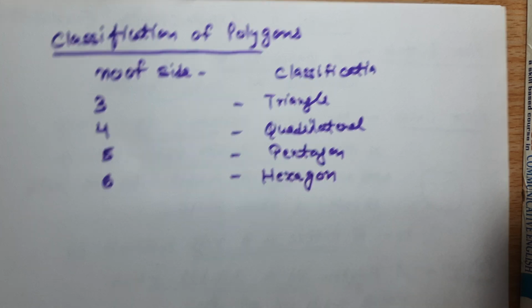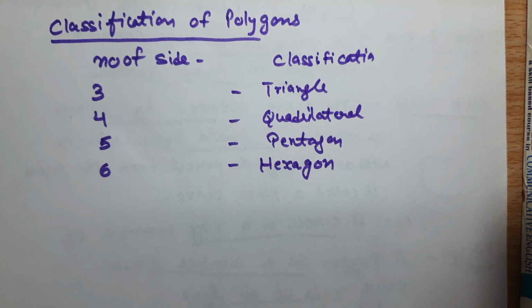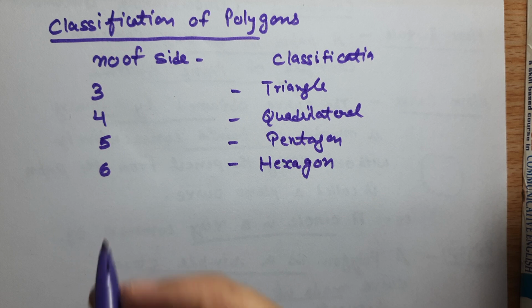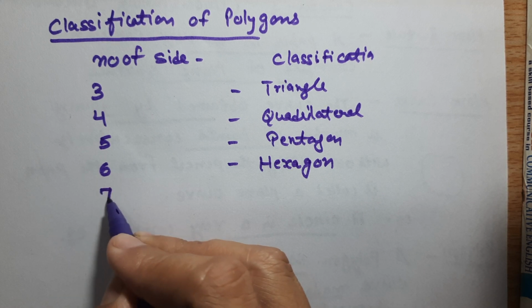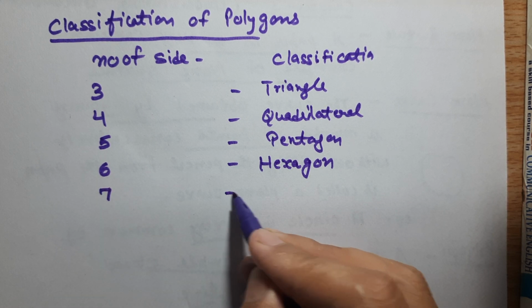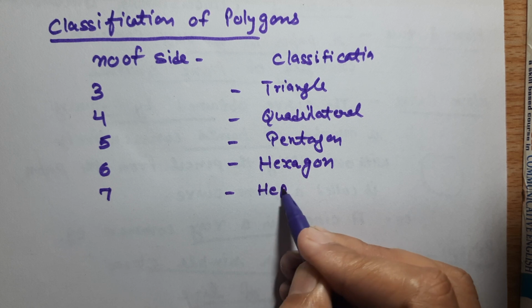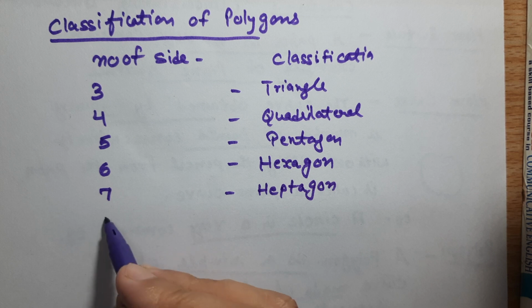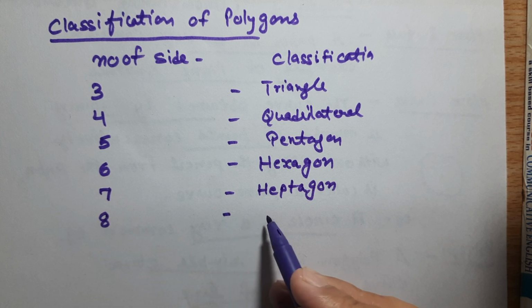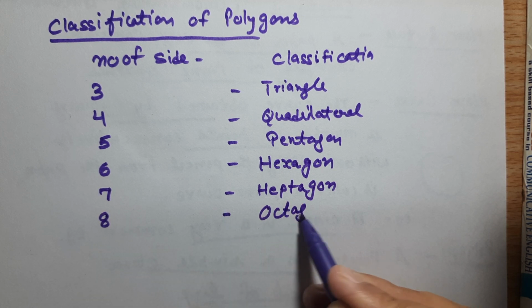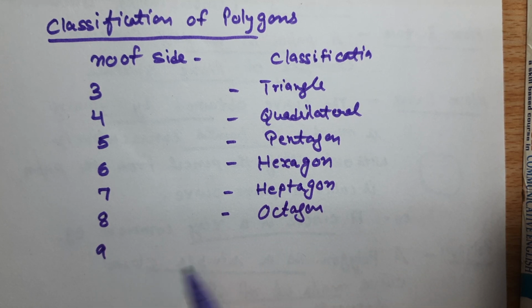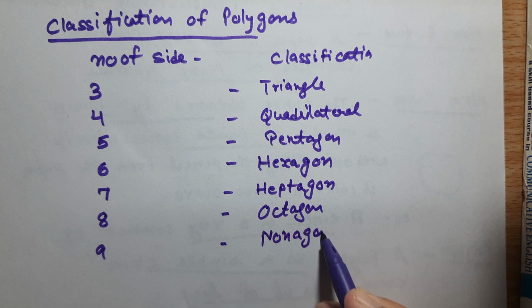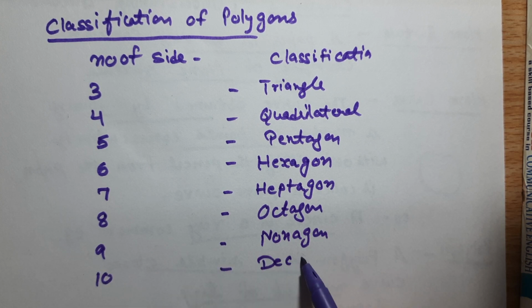Up to these figures you are familiar. Now I will give you the next. If the number of sides is 7, it will be called a heptagon, a polygon having 7 sides. If it has 8 sides, it is called an octagon. If it has 9 sides, it is called a nonagon. 10 sides, it is called a decagon.